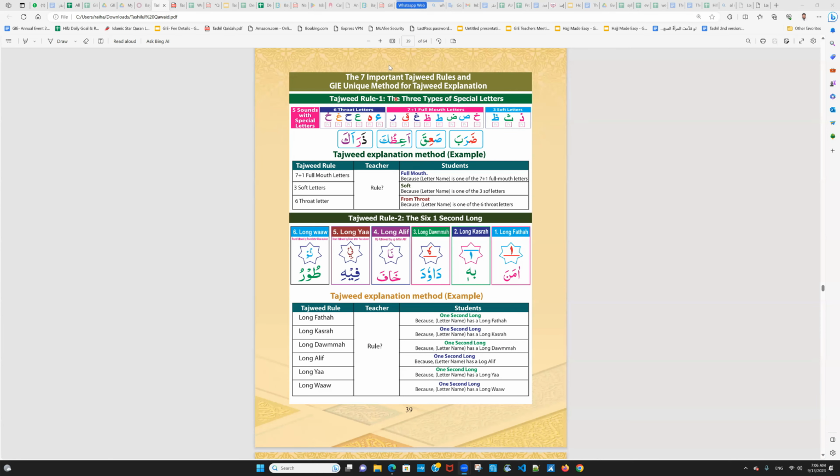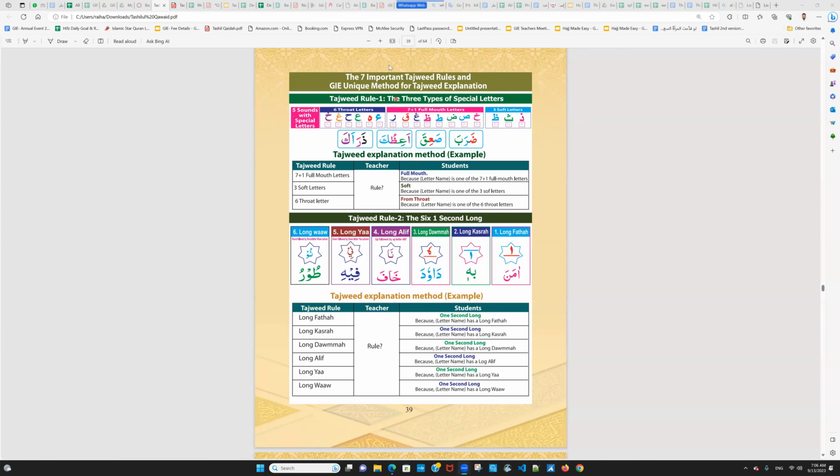Okay, let's start now. Rule 1, 3 types of special letters. Now, how to do the explanation? What is the Tajweed explanation method? For a beginner, a student who is learning with spelling, for example, this one we are going to do.